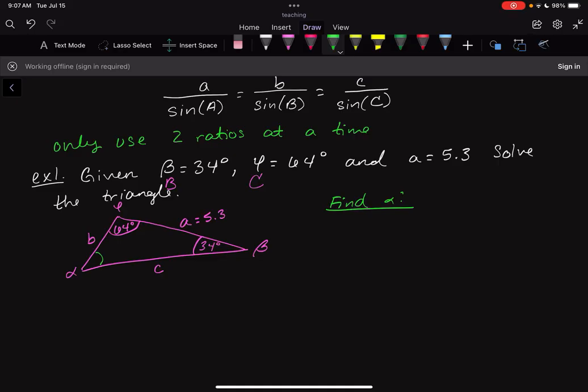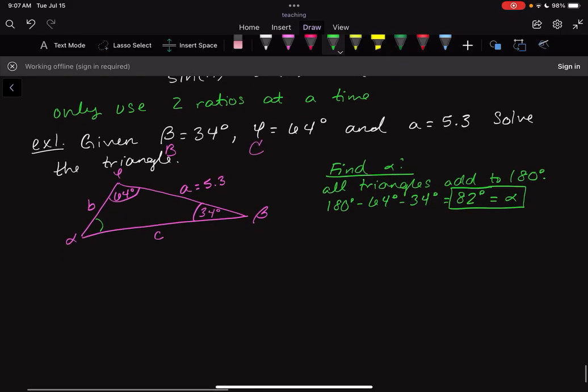All triangles need to add up to 180. So if I do 180 minus 64 minus 34, I will get angle alpha, which is 82. So I found that.